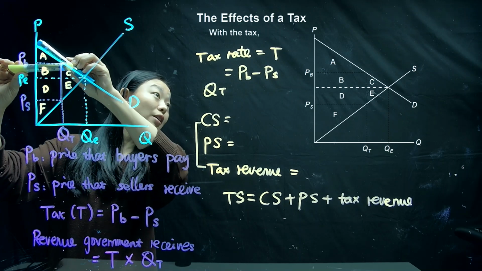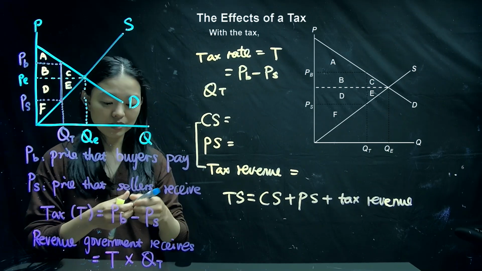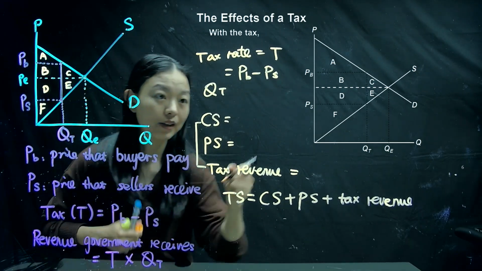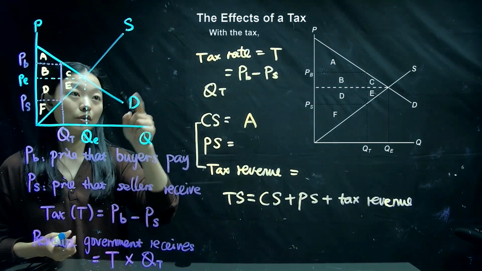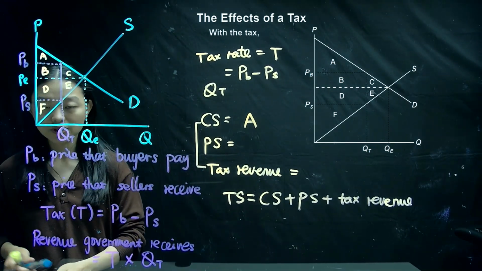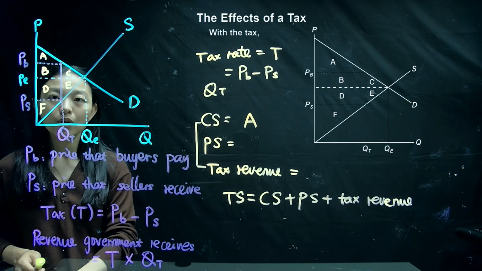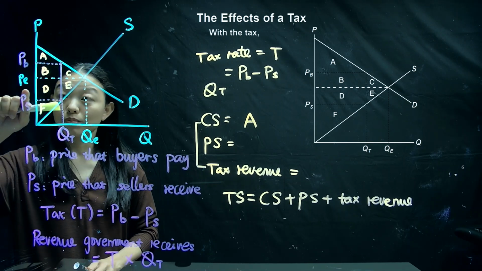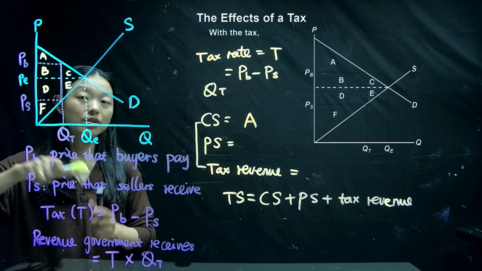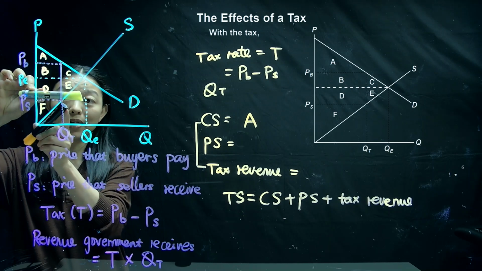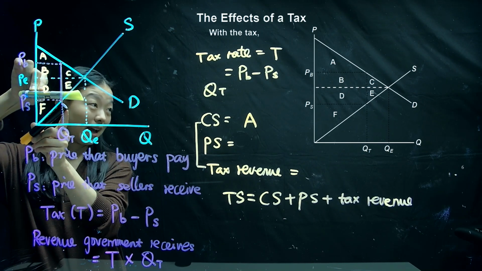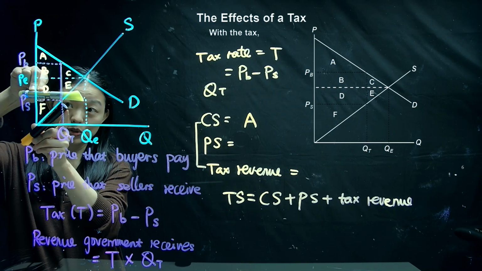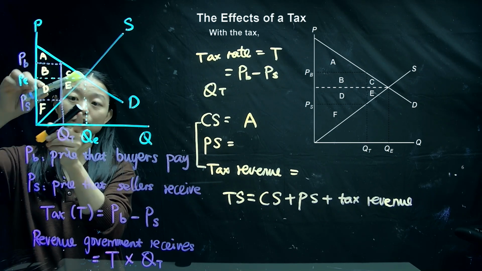So it's now the area of A. Only A here measures the consumer surplus. Now look at the producer surplus. The price that sellers receive is PS, right? So it should be the area above the supply curve but below PS, the price the sellers receive. So only F here measures the producer surplus.